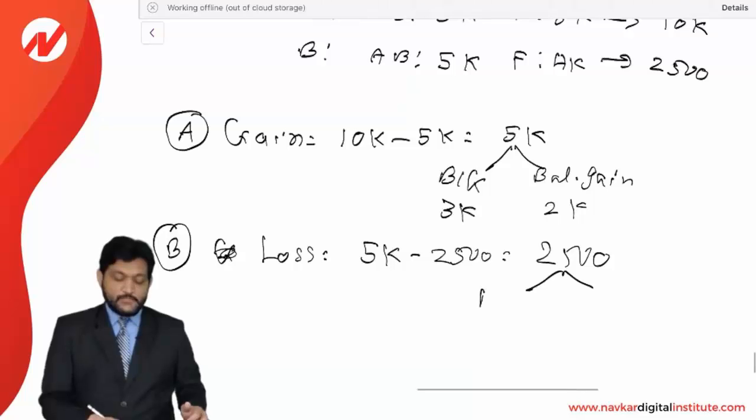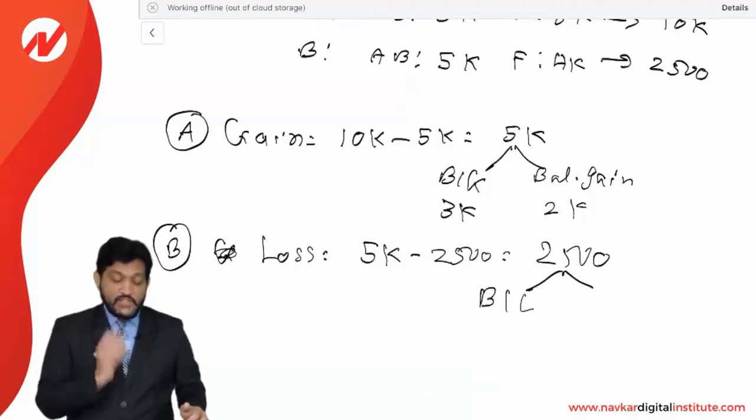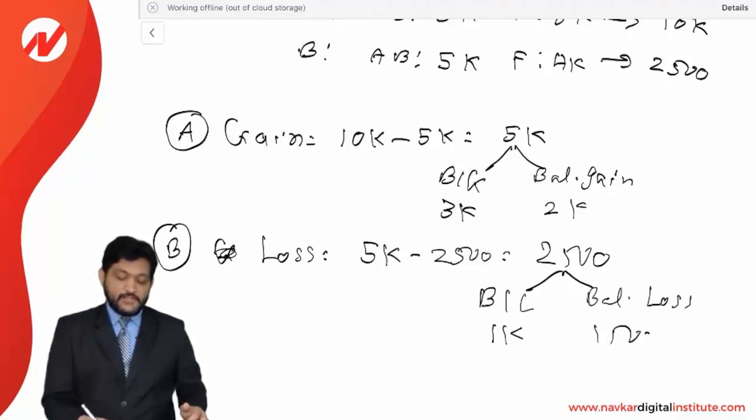Out of that, the built-in loss was 1,000 and the balance loss is 1,500.